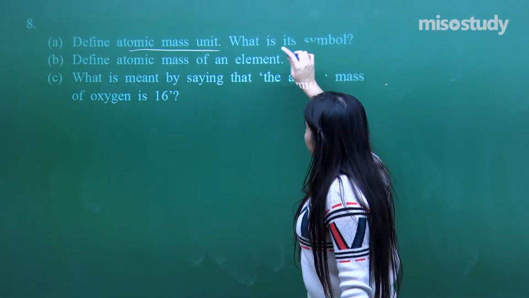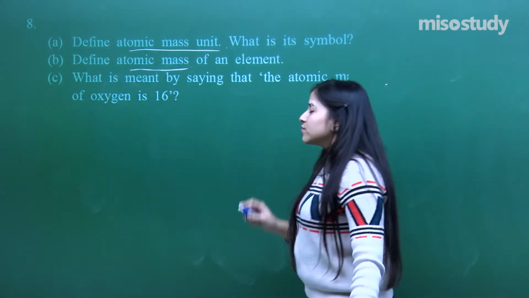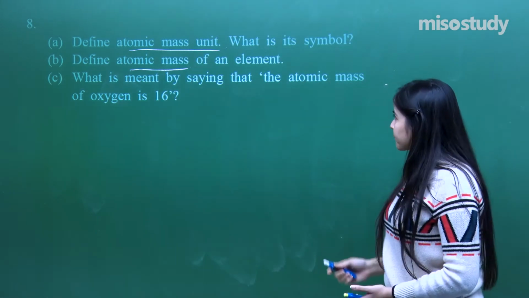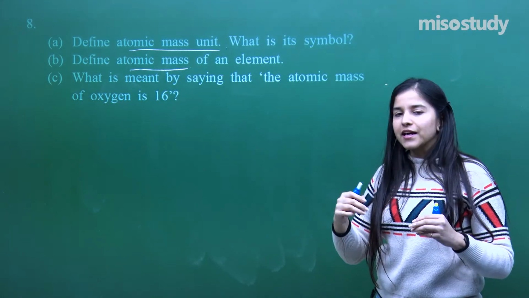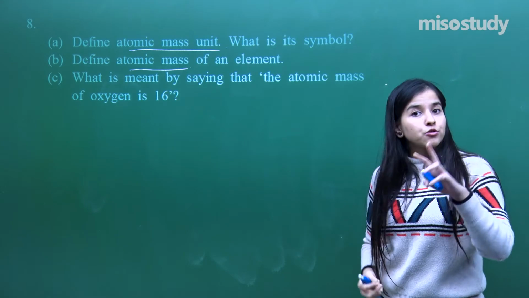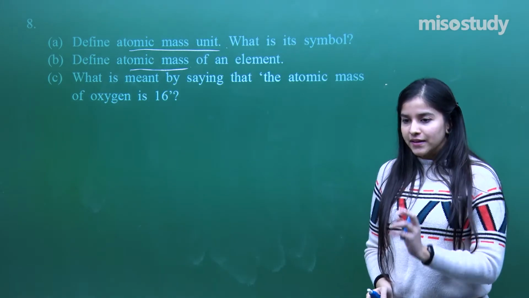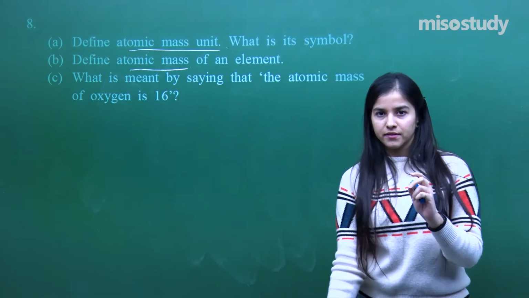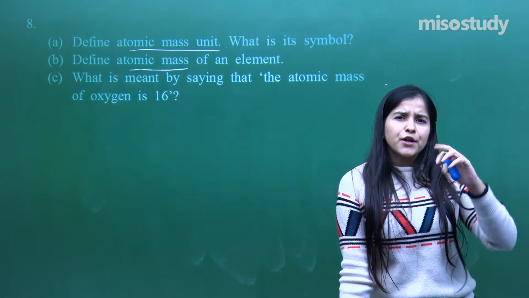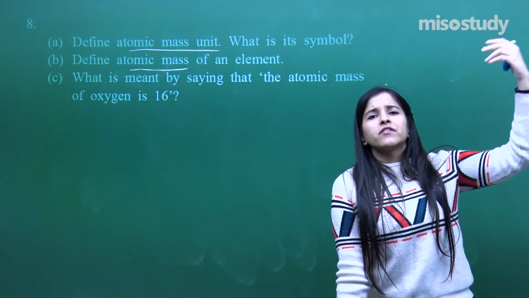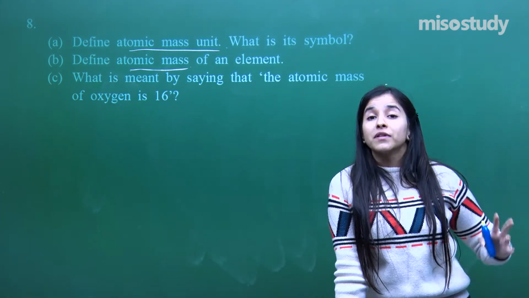Atomic mass unit first of all, and what is atomic mass? Both of the terms I'll be explaining simultaneously. Atomic mass, what is it? So basically it is actually a relative mass. As I told you in the lecture also, if we want to measure the atomic mass for any element in grams, what will happen? It will come out to be 10 to the power minus 24, minus 25, so complicated values.